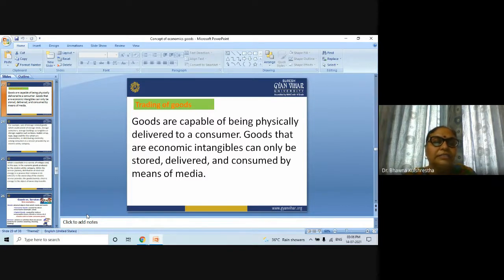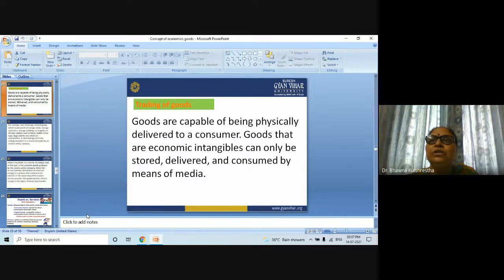And these goods, both tangible and intangible, may involve the transfer of product ownership to the consumer.